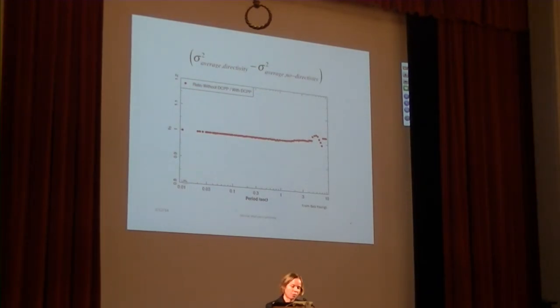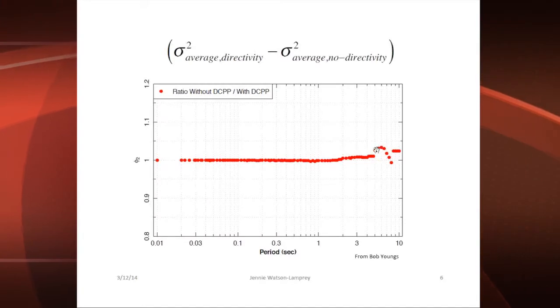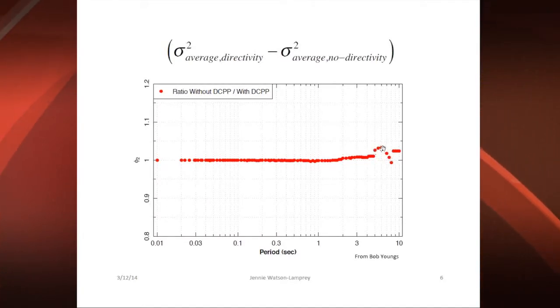On here we have period down on the bottom, and the y-axis is the ratio of the intra-event standard deviation with including the directivity in the mean or not including it in the mean. We can see out here at long periods, when you take the directivity out of the mean, the standard deviation goes up.